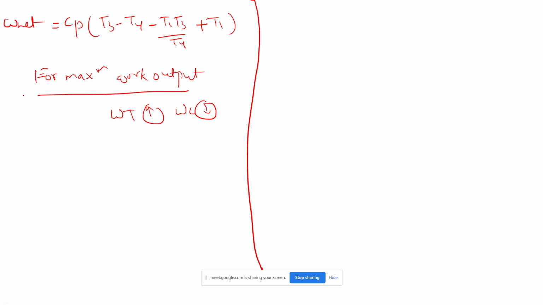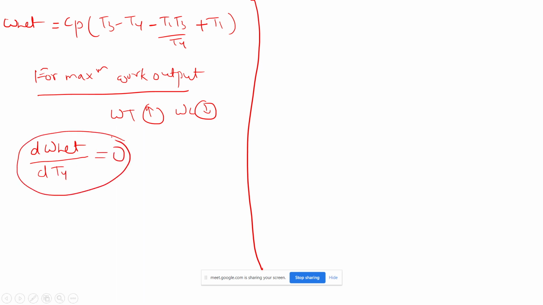To find the maxima or minima, we differentiate the term with respect to the variable. Here we want the work output to be maximum, and for that T4 should be lower. Therefore, we will differentiate this with respect to T4 and equate to 0 to get the maxima or minima. Is it okay?